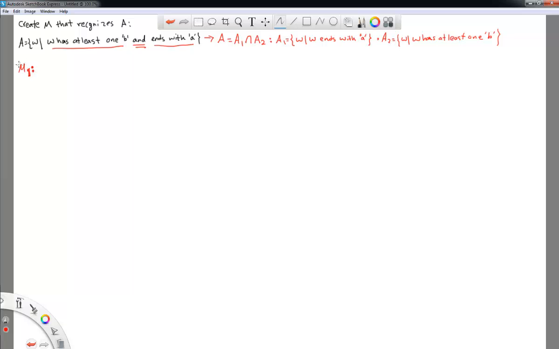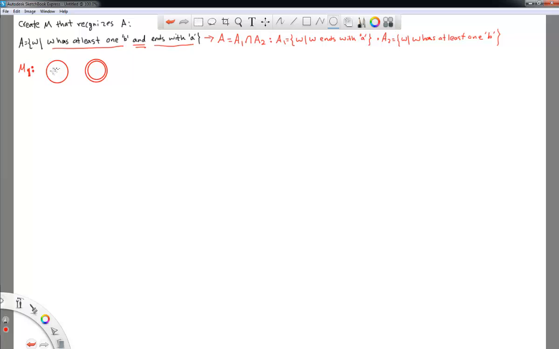One state is the state that the string does not end with an A, and the other state is the state that the string ends with an A, and the accept state is the one that ends with an A. So these are going to be my two states, and for simplicity I'm going to call this Q.